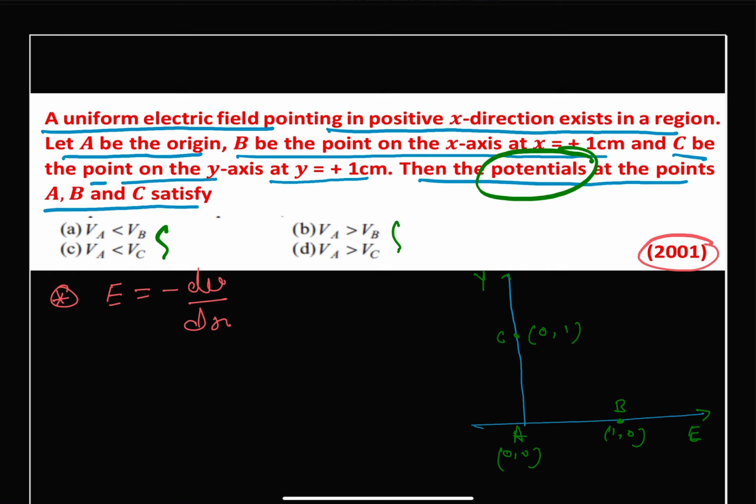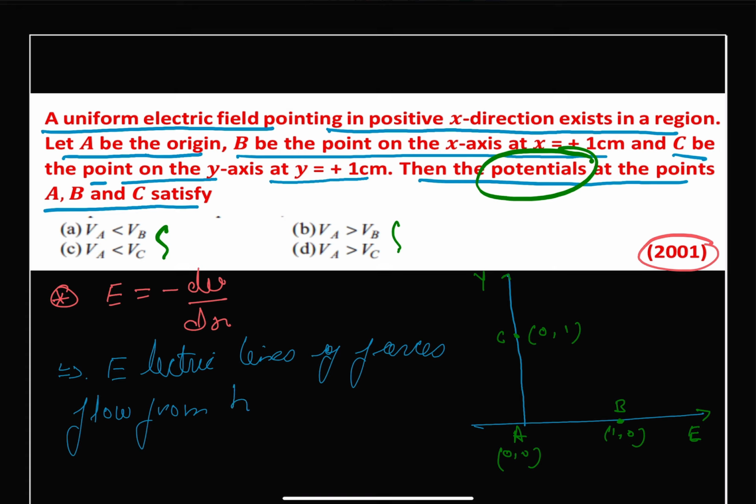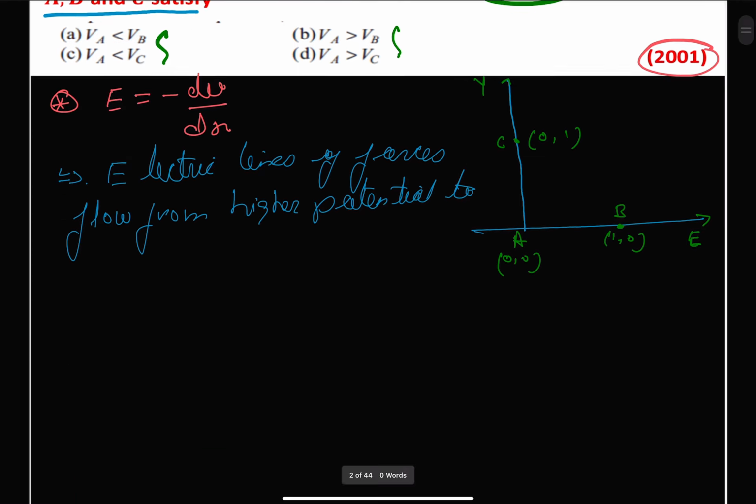And we can also say that electric lines of forces flow from higher potential to lower potential.